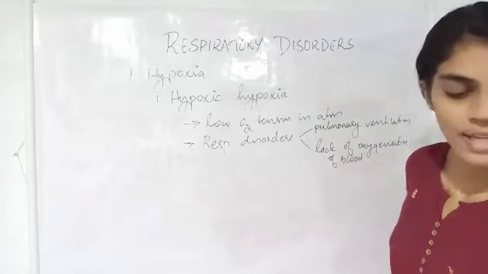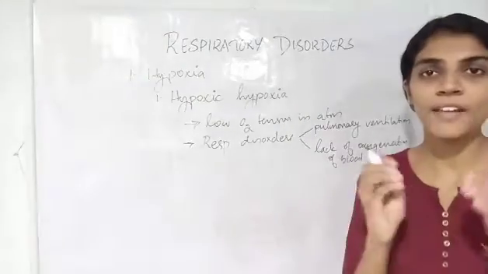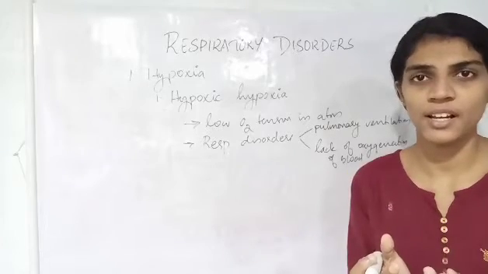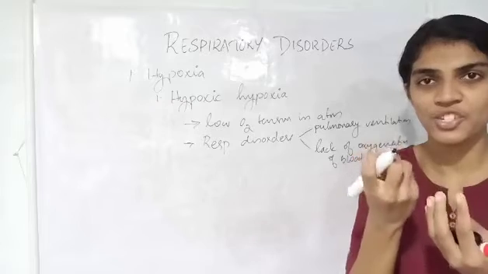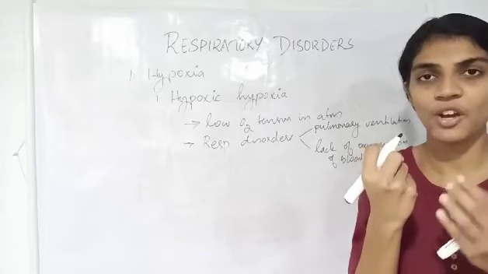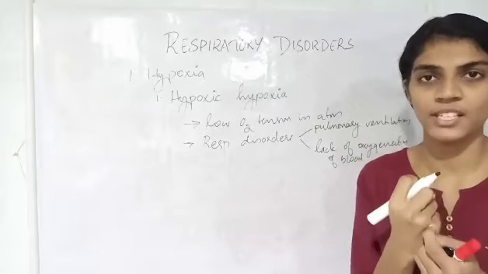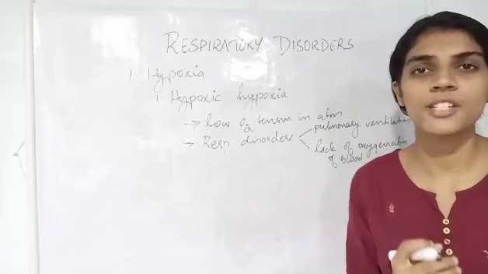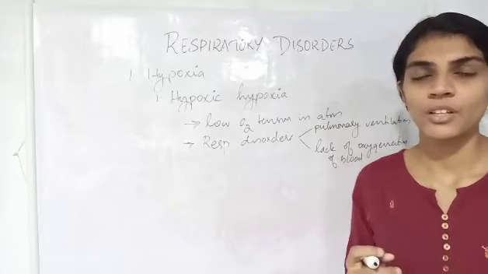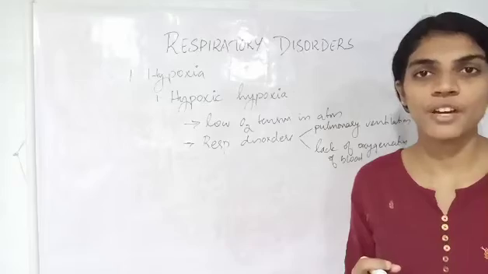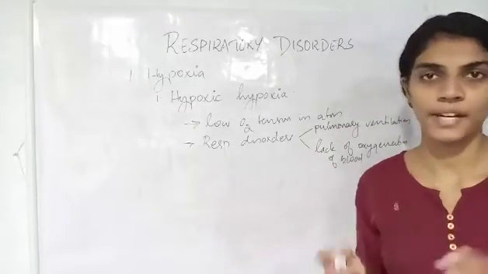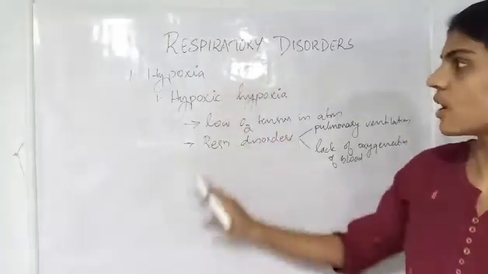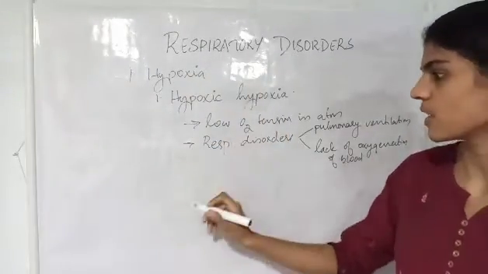And in some other cases, if the alveoli is non-functional, or if the alveoli is collapsed, meaning the alveoli is shrunk, it cannot accommodate air within it. So all these are certain respiratory disorders which can interfere with the diffusion of oxygen into the blood. And this is all about the hypoxic hypoxia.